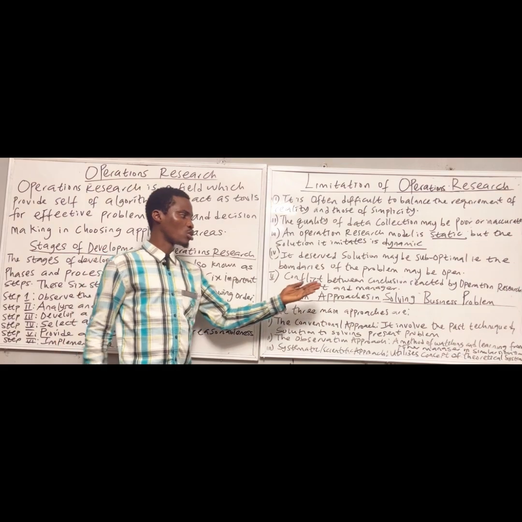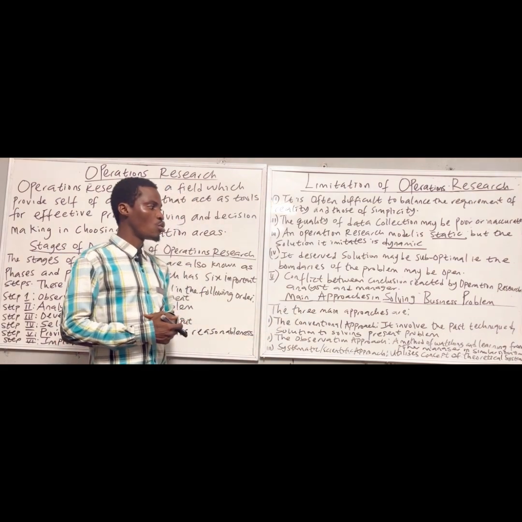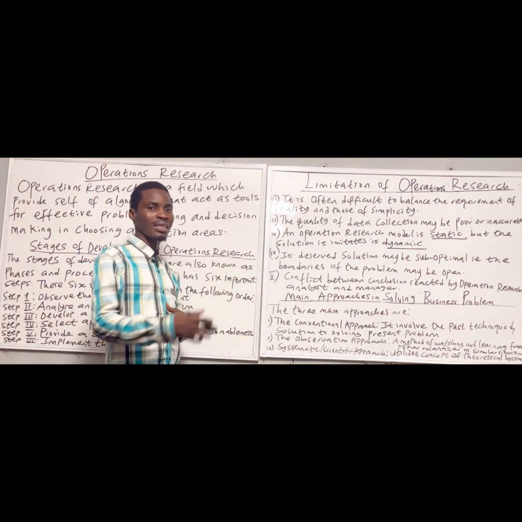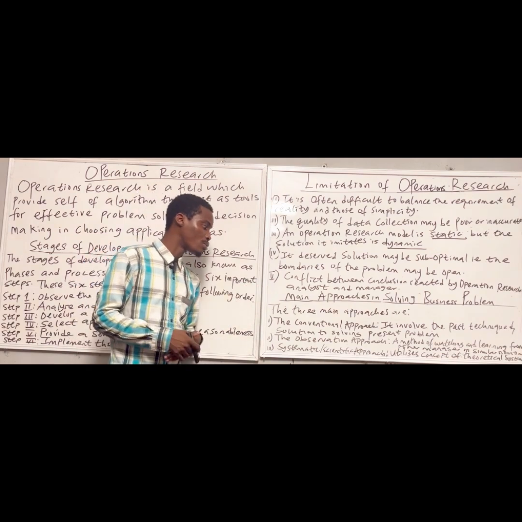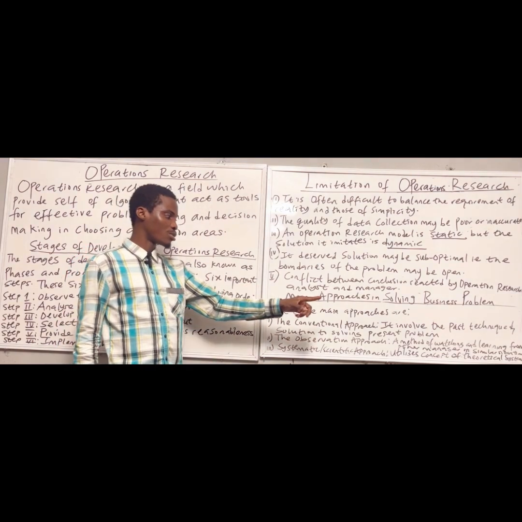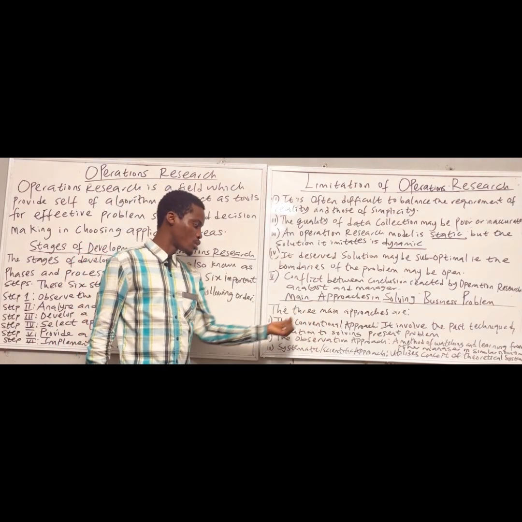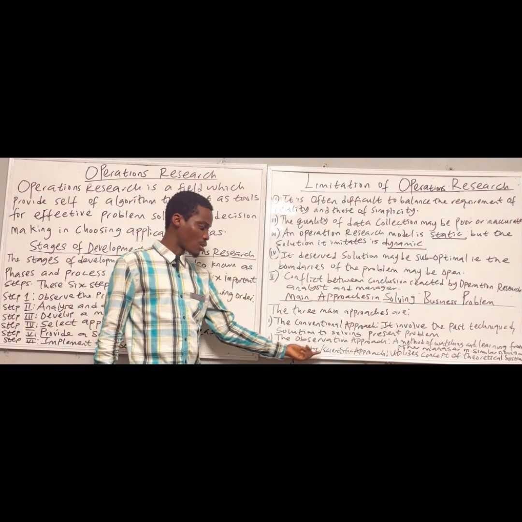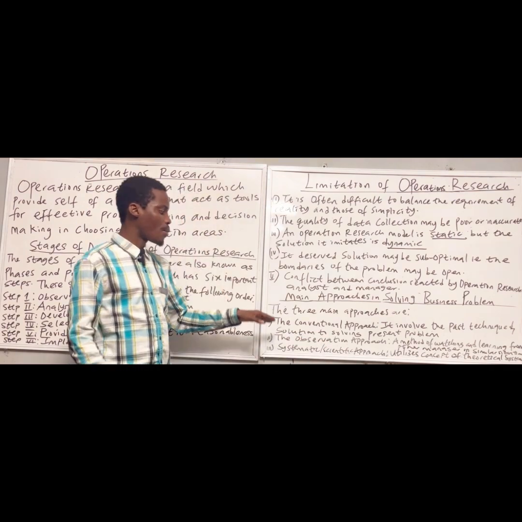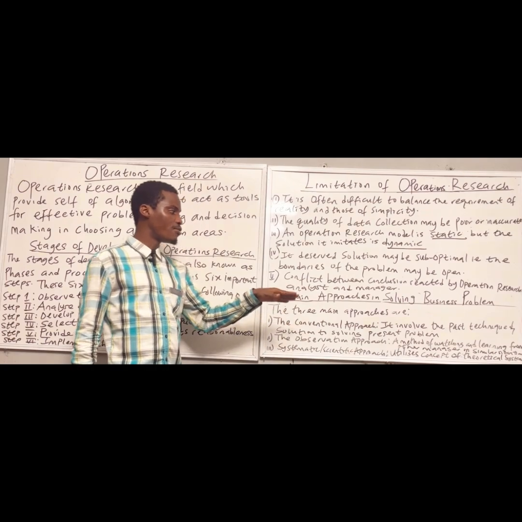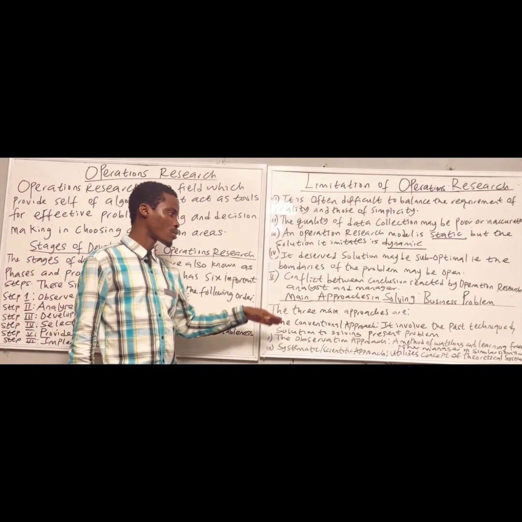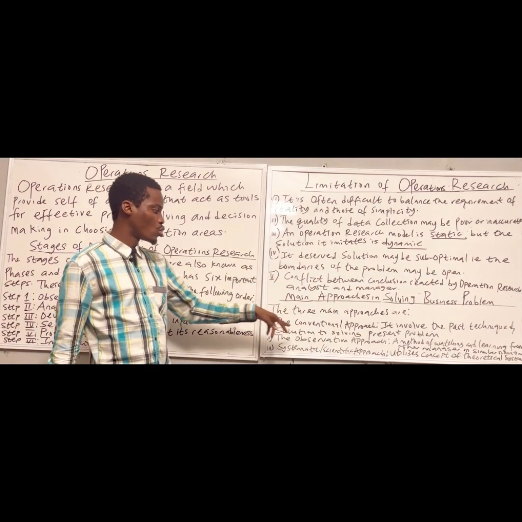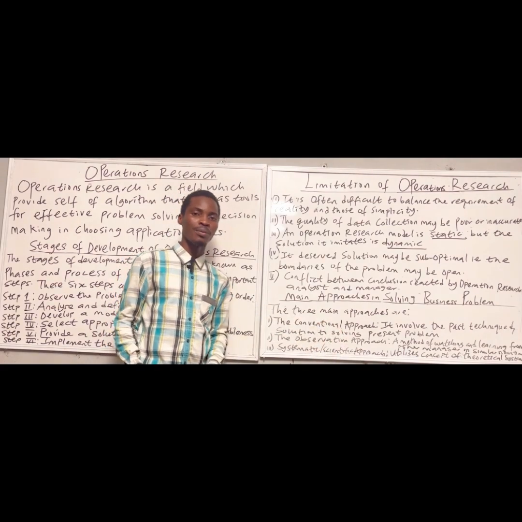So, main approaches in solving business problems. When you have a business problem, what approaches can we use to solve it? We have three main approaches, which are the conventional approach, the observation approach, and lastly, the systematic or scientific approach. When we talk about the conventional approach, it involves past techniques and solutions to solving present problems.